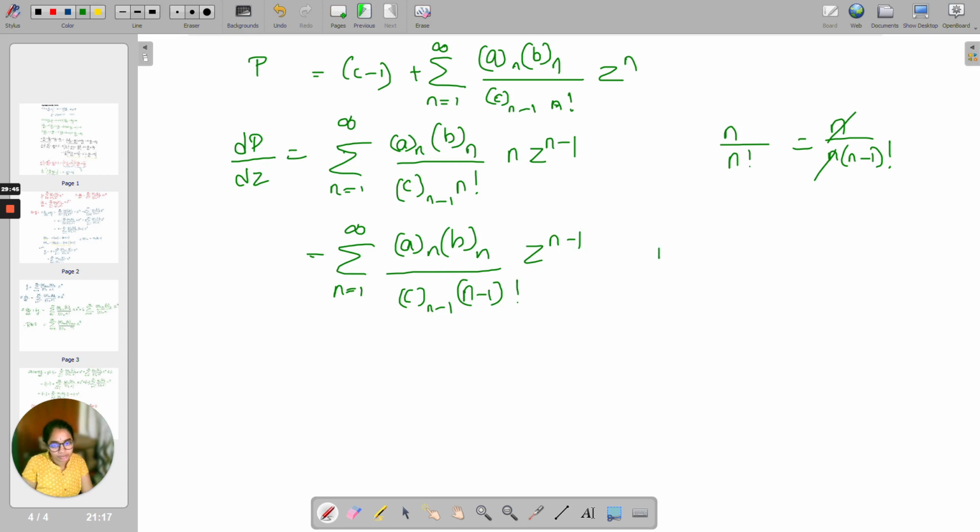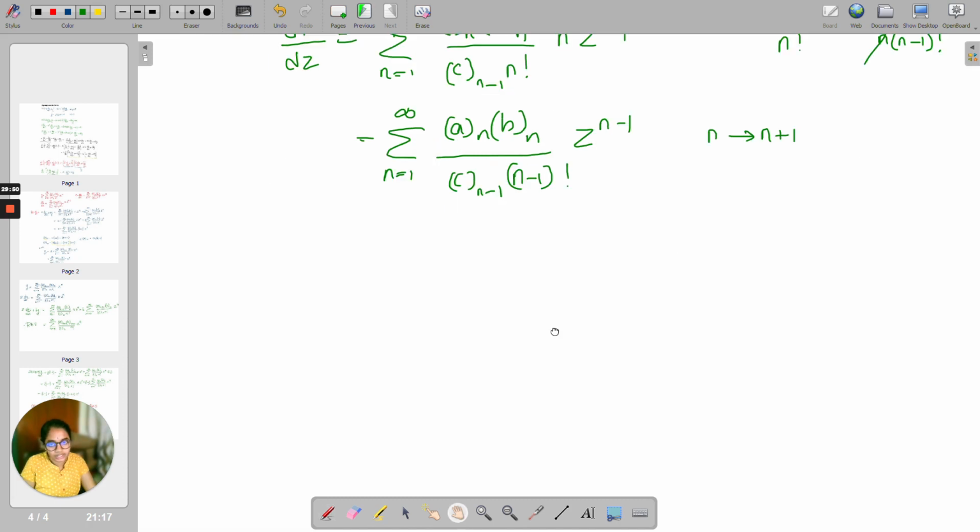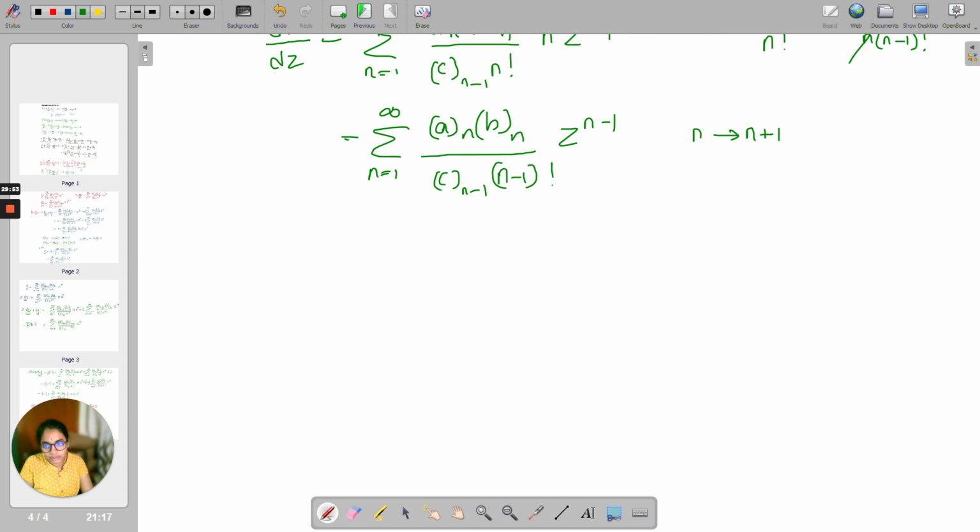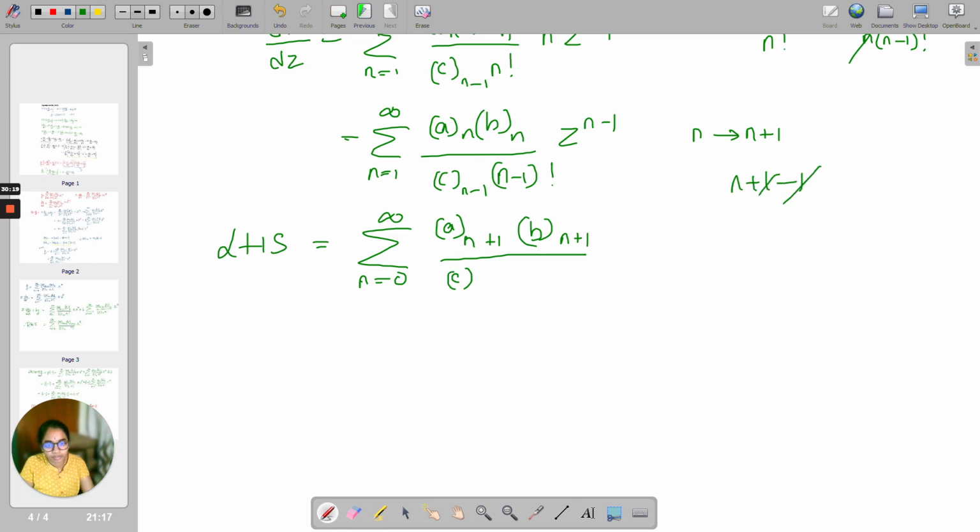Here let me replace n with n plus 1. This is the LHS part, right? So you would get summation n is equal to 0 to infinity, since n plus 1 minus 1 gets cancelled, a n plus 1, b n plus 1 divided by (c)n, n factorial z power n.